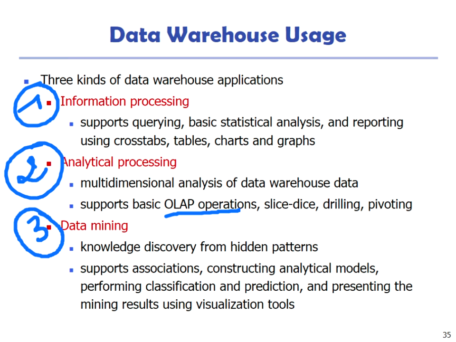We want to extract some information, some knowledge from our data warehouse. And in this case, we can perform classification and prediction. We can make association rules. We can construct analytical models, etc. Is it clear? Any questions?